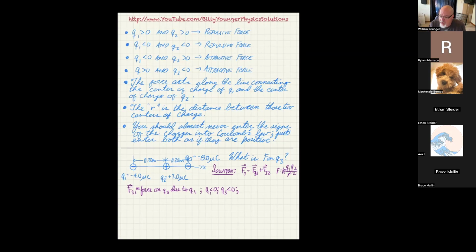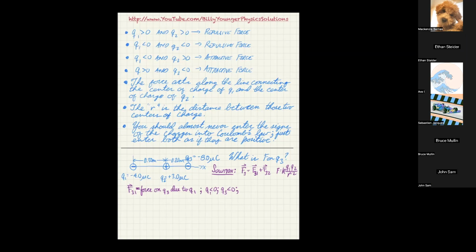So Q1 and Q3. Go ahead. Repulsive. Did you say repulsive, Sebastian? Yeah. When they're like charges, they're repulsive. So what that means in this diagram is that the force on 3 due to 1 is going to point to the right. So F31 points right.